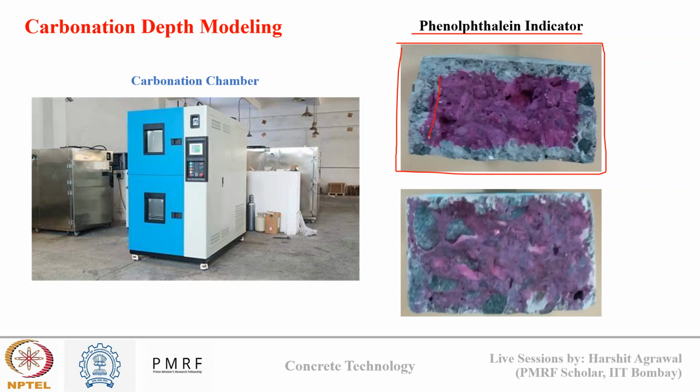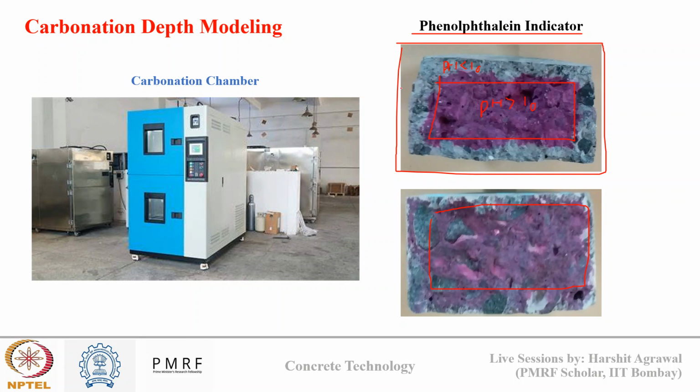So the area in between where the color is violet has a pH of more than 10, and the outside area has a pH of less than 10. In this way we can detect up to how much depth the carbonation has occurred. The same thing you can see here also. So using phenolphthalein indicator we get an idea of the degree of carbonation inside concrete.